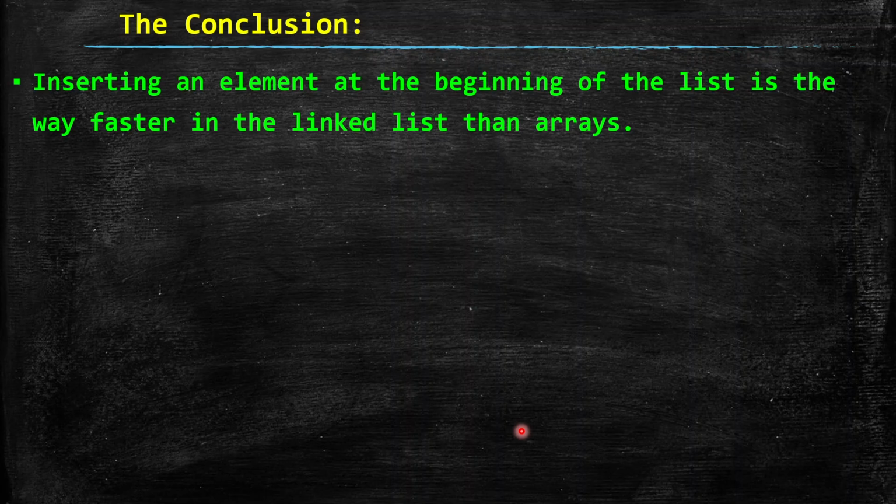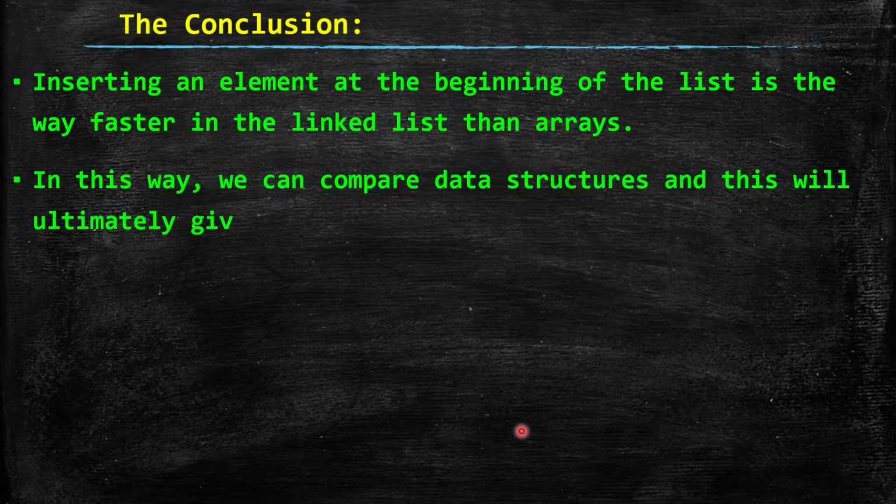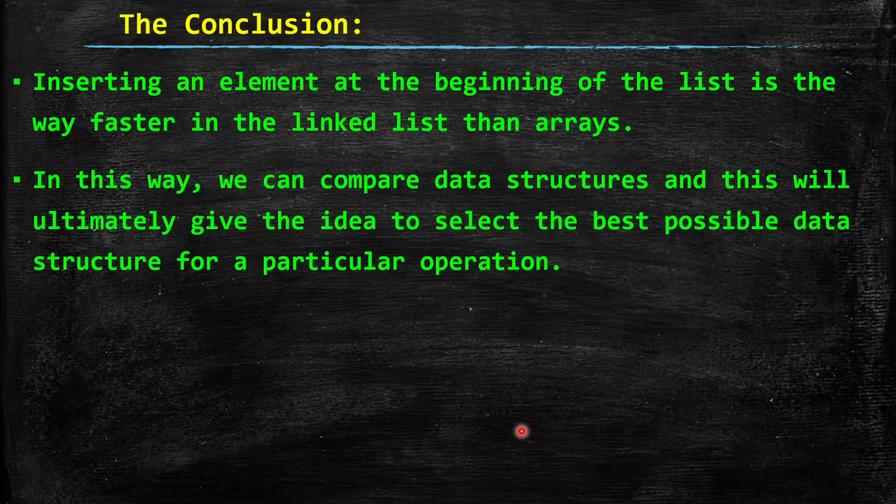Okay, so let's conclude with this. Inserting any element at the beginning of the list is much faster in the linked list. As I showed you before, we don't need to shift to the right, we can directly adjust.